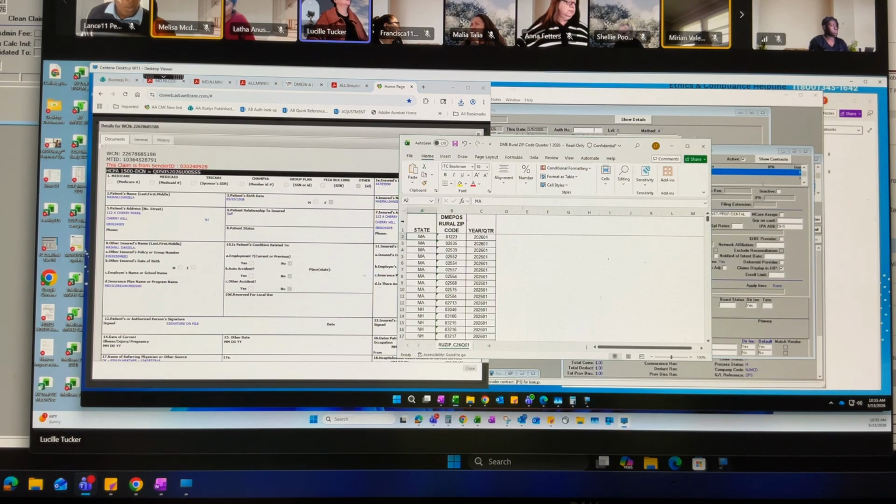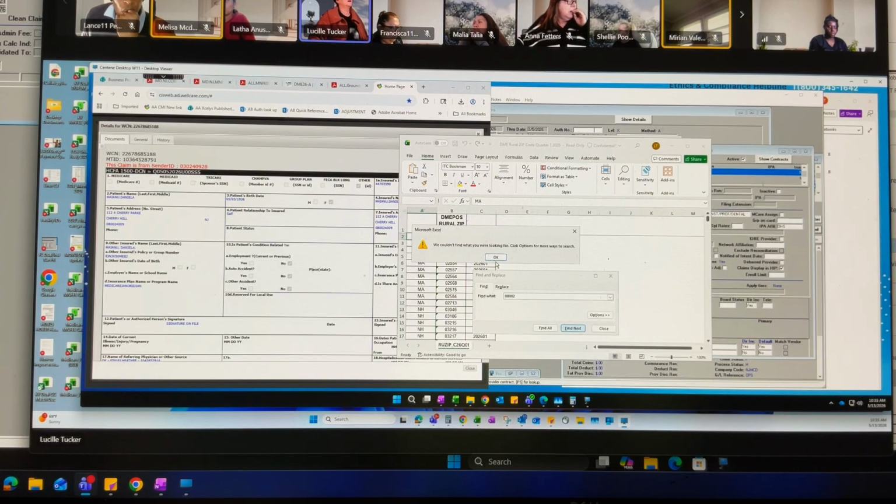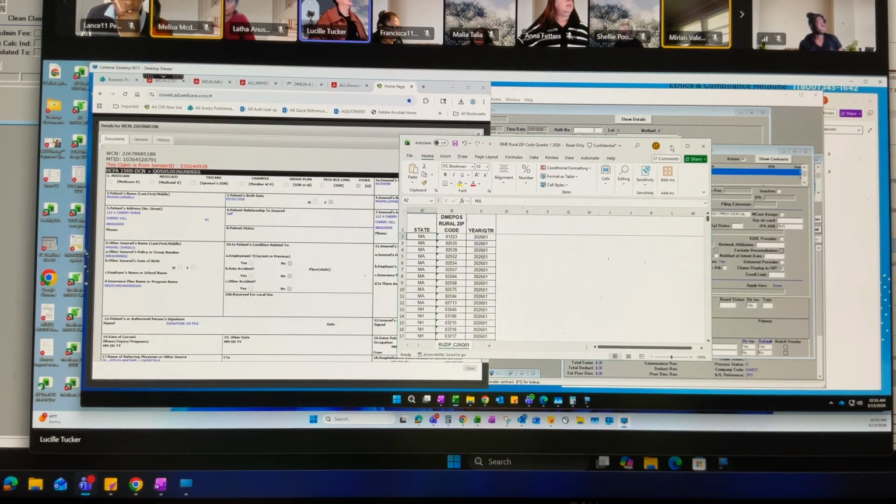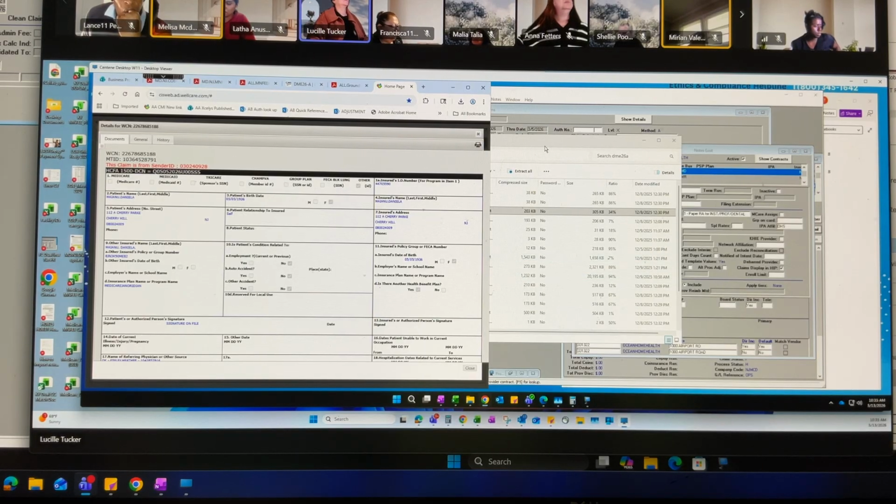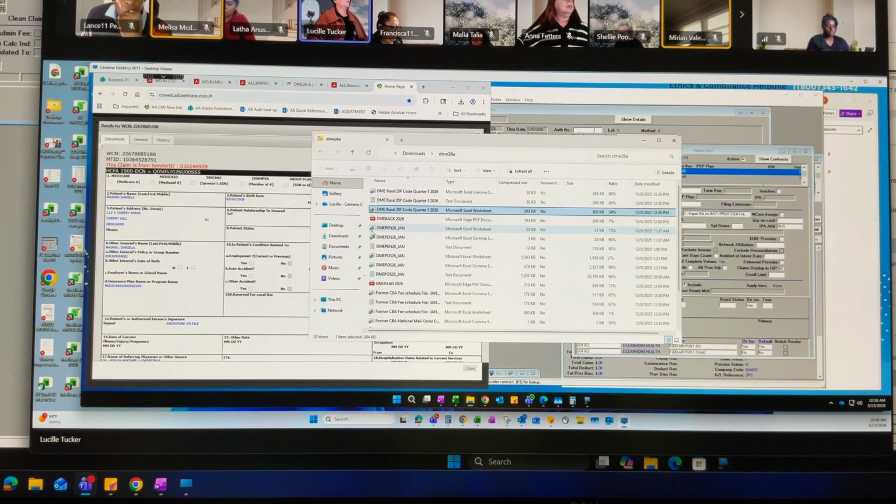Right? I'm going to do a find here. Enter my zip code. Okay, so my zip code is not on this spreadsheet, so that means I have an urban zip code, or in other words, non-rural. Okay, so now I'm going to go open the POS fee schedule.